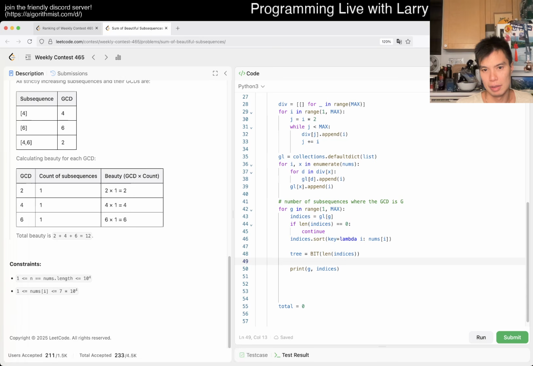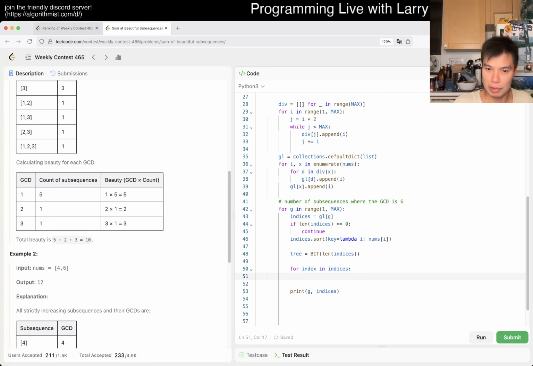Okay. So then now we have for index in indexes. This is basic DP, right? From left to right, we go: how many from the previous index.